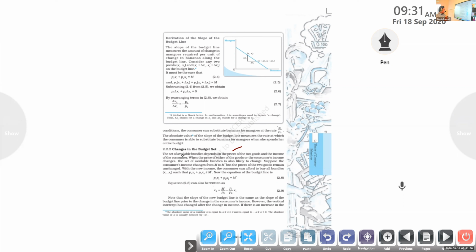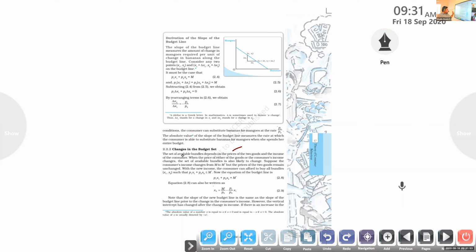When the price of either good or the consumer's income changes, the set of available bundles is also likely to change. Is that idea clear? The number of items changes and at the same time the income changes. Sometimes income will increase or sometimes decrease. Related to this, the budget line will change.